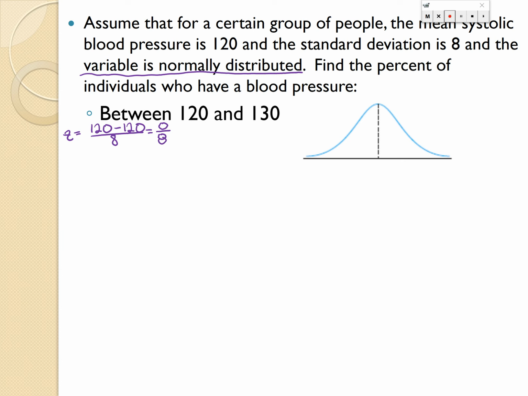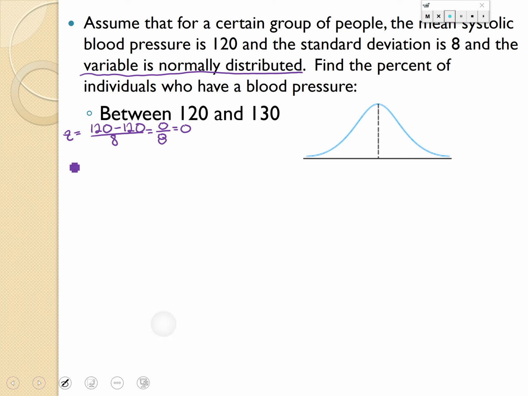Now, this is one of the reasons why I chose this example, because we do end up with a z-value of 0, and that is okay. That's absolutely fine to have a z-value of 0.